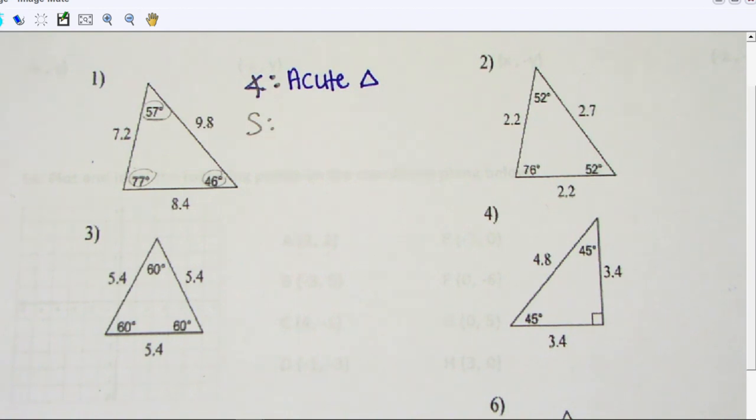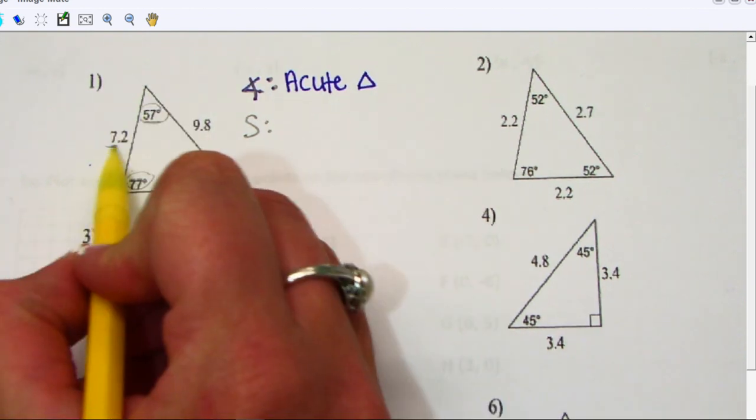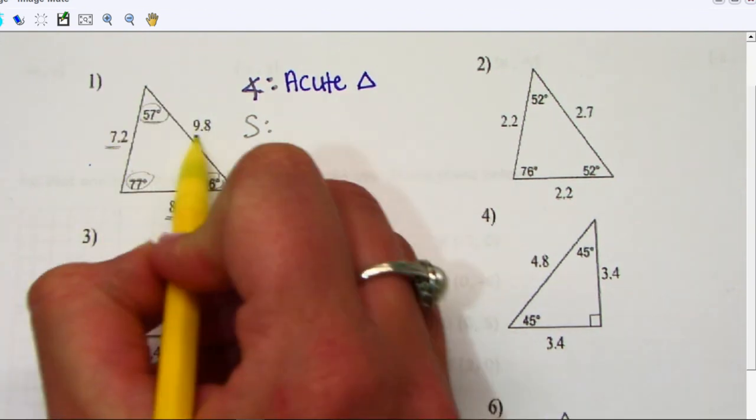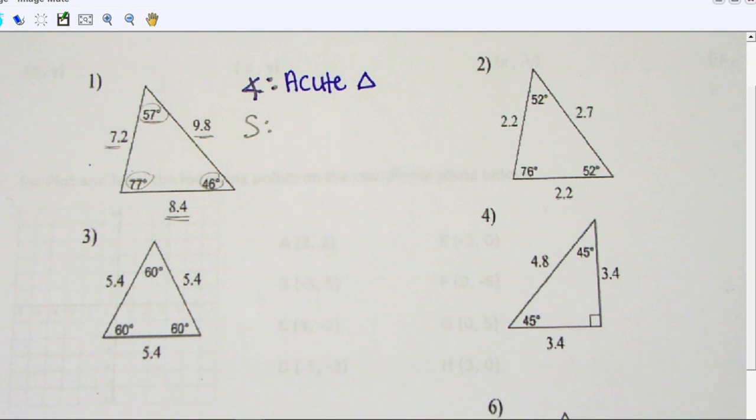Okay, now let's look at the sides. So my side measurements, I have 7.2, 8.4, and 9.8. Do I have any congruency with those sides? No, none of them are the same. So what's the name of the triangle when none of them are the same? Scalene.